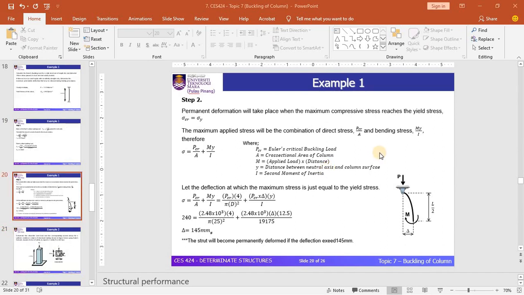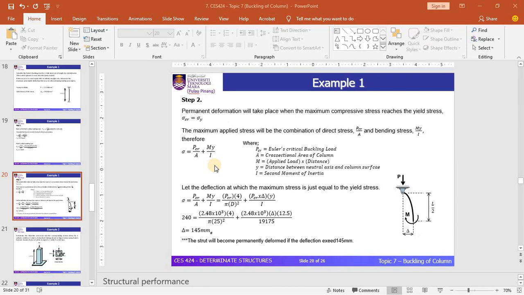In order to calculate the maximum permissible deflection for this column, you need to consider this particular equation. In this case, the column is buckled.